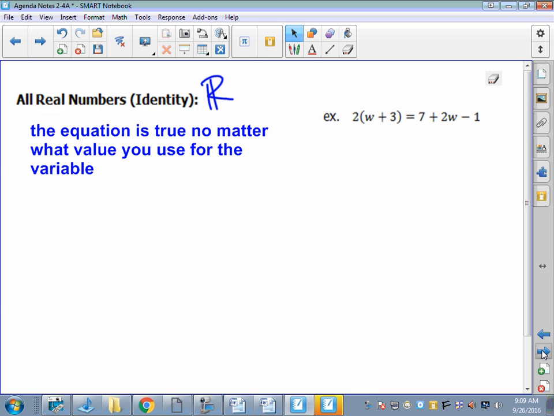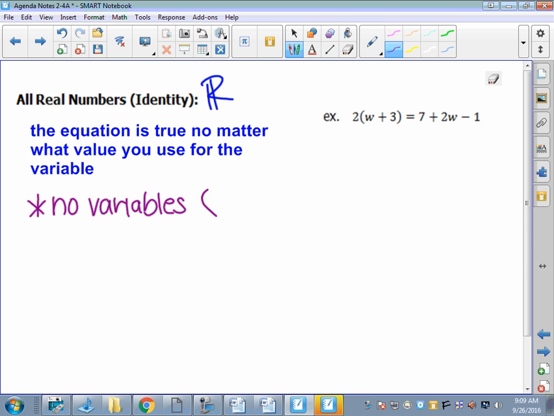And it looks like no variables left when we do an example. No variables left, but this time we have a true statement. Last time we had negative 6 equals 30.